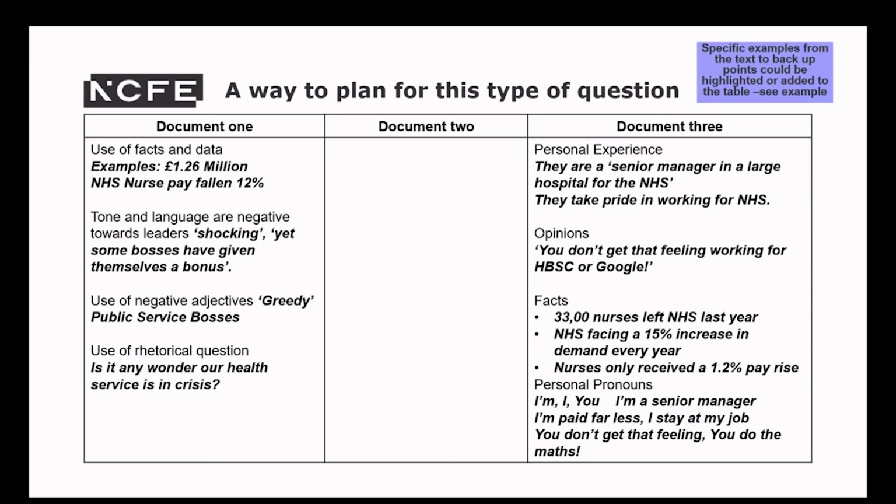So here, what you can see is there is a list of techniques that have been used within document 1, such as facts and data, and then there's also an example. So when you come to write your comparison, you've got at hand your devices as well as an example. And they've done this for document 1 and document 3.